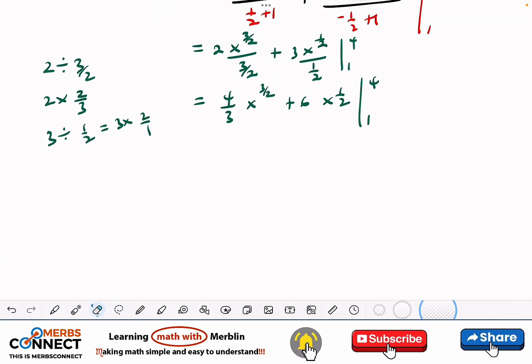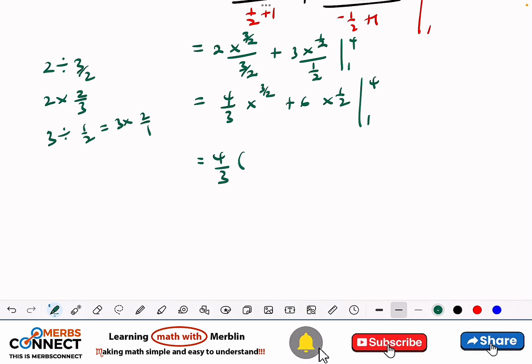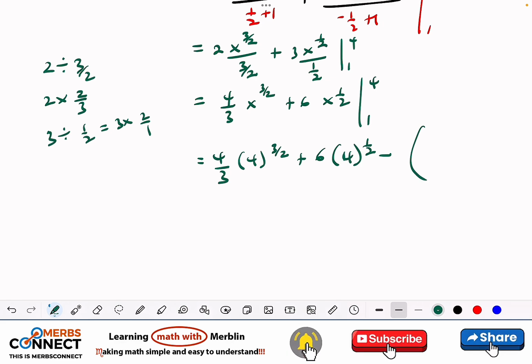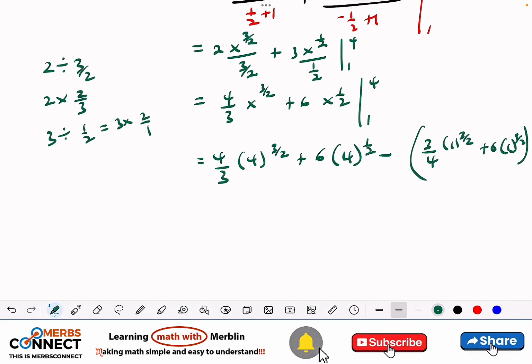We are done with the simplification. Let's plug them in. So 4 divided by 3, plug in 4: 4 to the power 3 on 2 plus 6 times 4 to the power 1 over 2, minus, I open my parentheses, 4 over 3, plug in 1: 1 to the power 3 on 2 plus 6 times 1 to the power 1 over 2. Right. So we have been doing this and we are getting good with it.